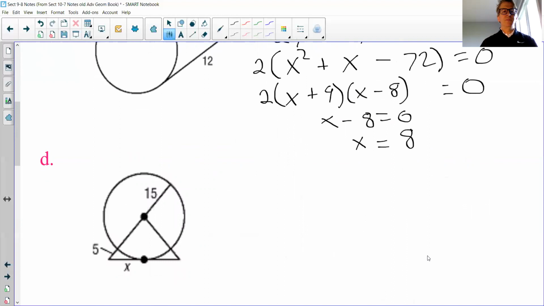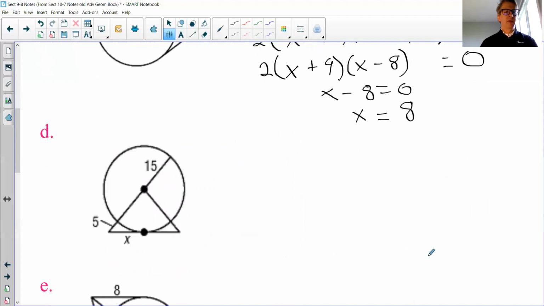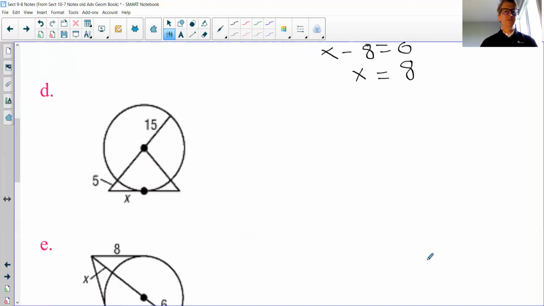Last 2. Here we go. We have ourselves a figure here, and we've got a 15 on this side. We have a 5 on this side. So I can also say that this is 15. And I've got an x here, and that's your tangent piece, so I'm going to call it x squared.